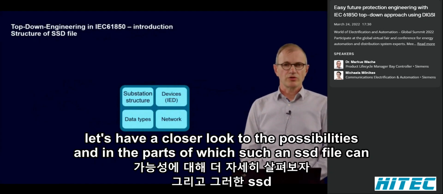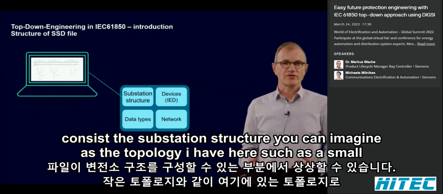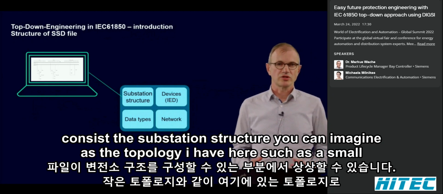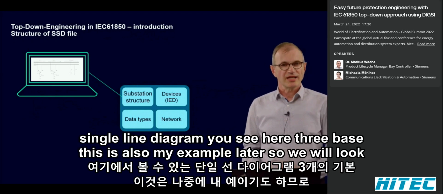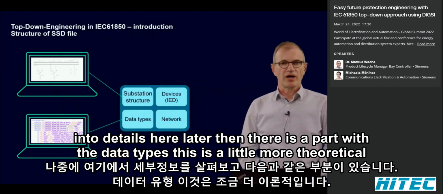Let's have a closer look at the possibilities and the parts of which such an SSD file can consist. The substation structure you can imagine as the topology. I have here such a small single line diagram. You see here 3 bays. This is also my example later, so we will look into details later. Then there is a part with the data types. This is a little more theoretical.